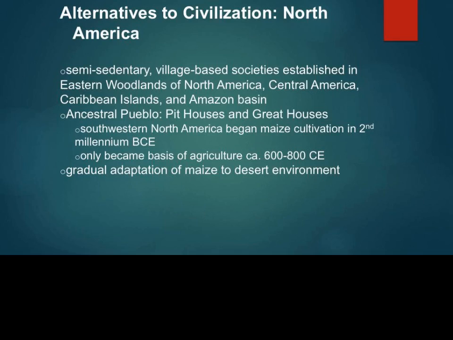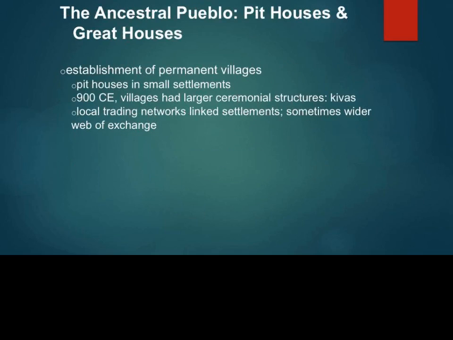So there's a gradual adaptation of maize to the desert environment that was required in order for maize to become the basis of settled agriculture. And then we see the establishment of more permanent villages.